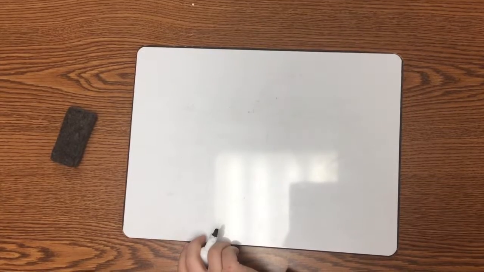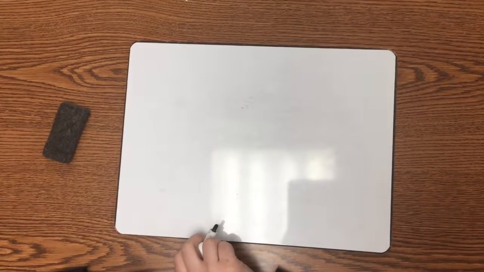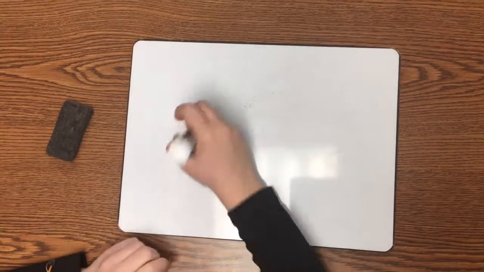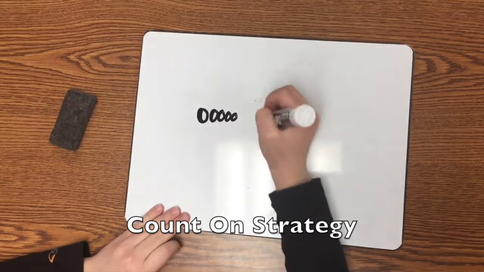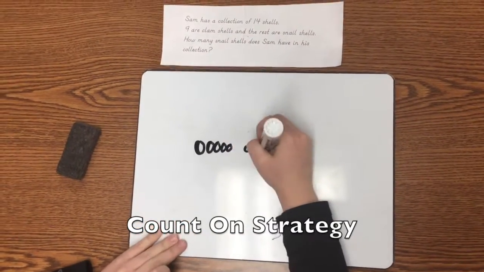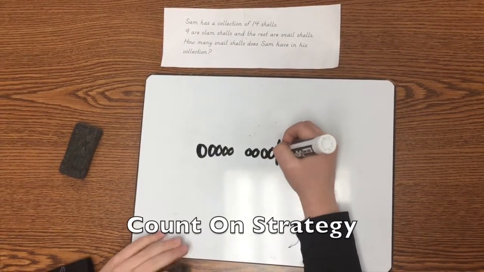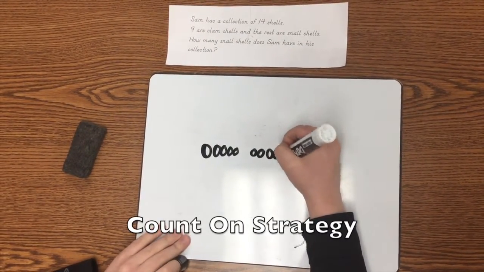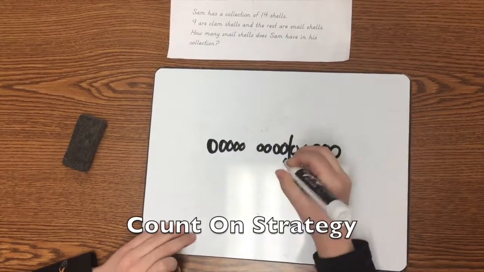Okay, Grant, I want you to solve this problem for me. Sam has a collection of 14 shells. 9 are clam shells and the rest are snail shells. How many snail shells does Sam have in his collection? I'm drawing 9 shells because that's the partner we know, and then I'm going to count on to 14. 10, 11, 12, 13, 14.